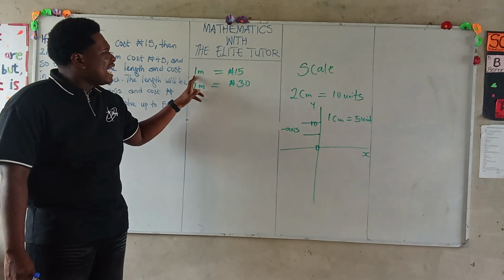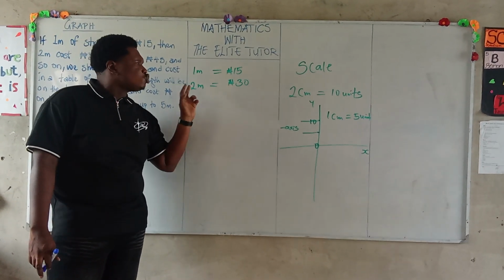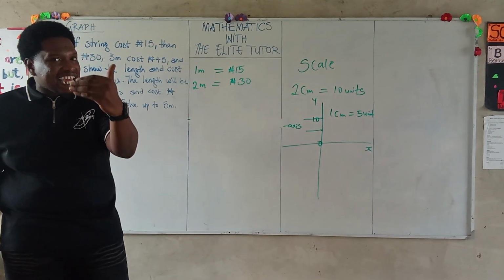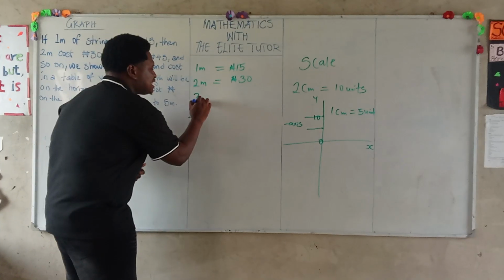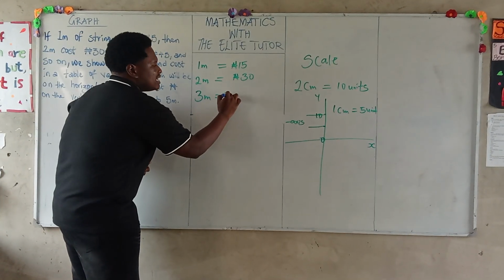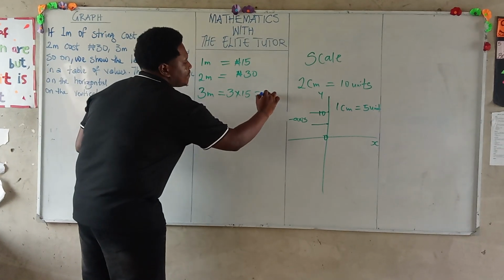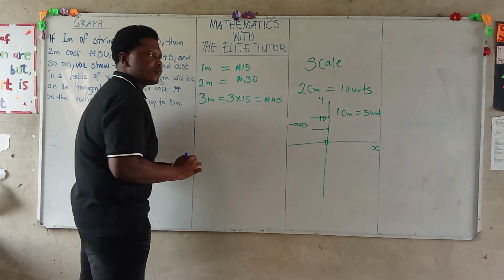So if 1 meter is equal to 15 naira, 2 meter will be 2 times 15, which gives us 30. And 3 meter will give us 3 times 15, which gives us 45 naira.